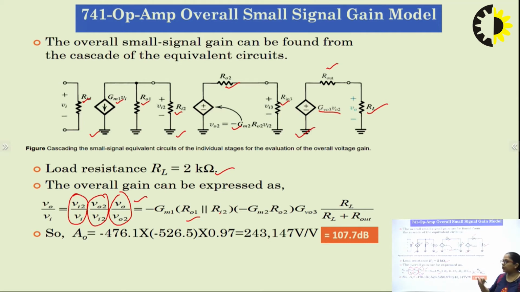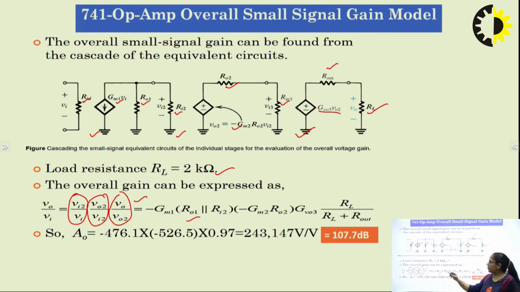RL we have considered 2 kilo ohm. On putting the value of each and every term in this expression, we can calculate the overall gain value. The value of the individual parameters we can obtain with the help of small signal analysis, also called AC analysis, of the input stage, second stage and the output stage.